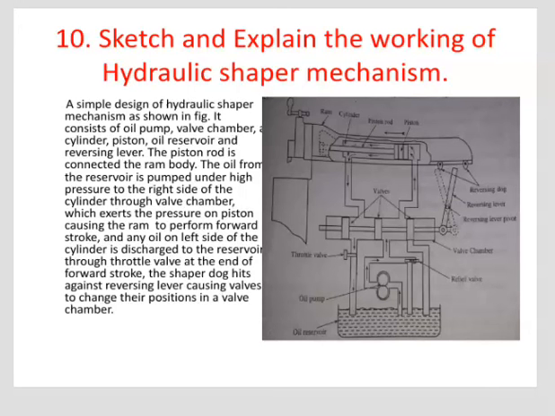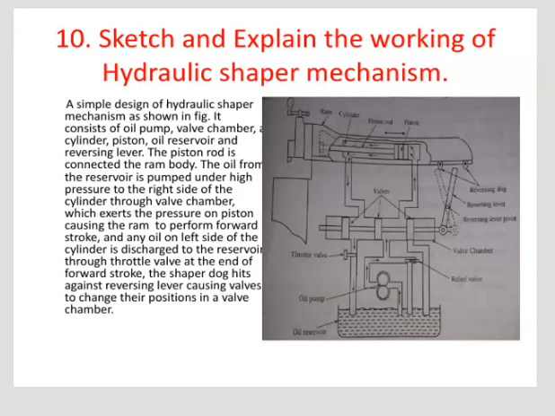Now the oil under high pressure is pumped to the left side of the piston, causing the ram to perform return stroke and discharging the oil present in the right side of the piston to the reservoir. At the end of the return stroke, another shaper dog hits the reversing lever, changing the direction of the piston, and this cycle is repeated.